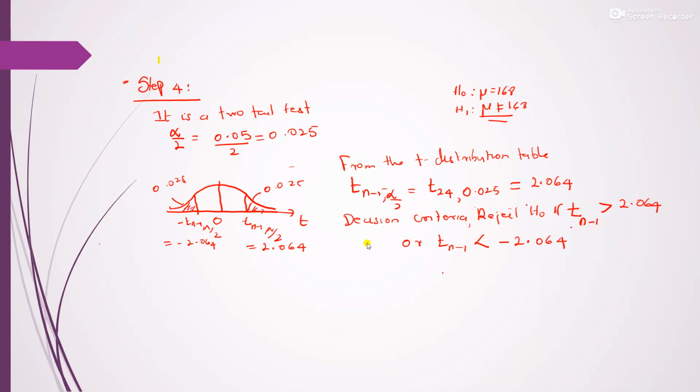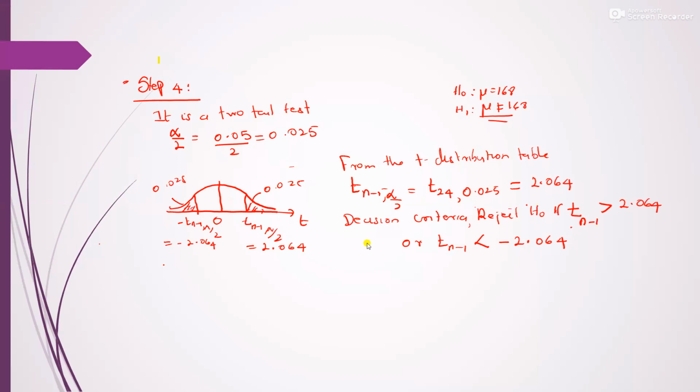As for the Z, similarly here also we are making the rule: reject H naught if T n minus 1 is greater than 2.064 or T n minus 1 is less than minus 2.064. Right?